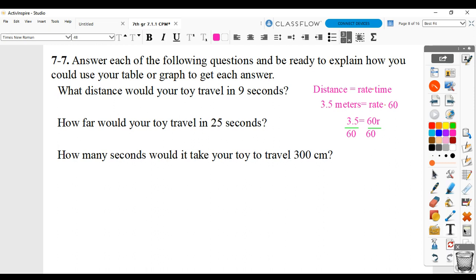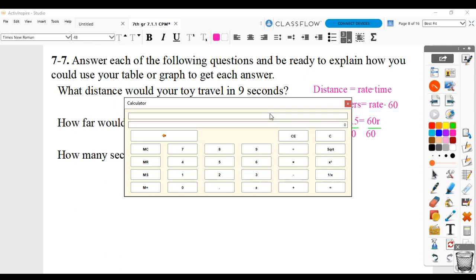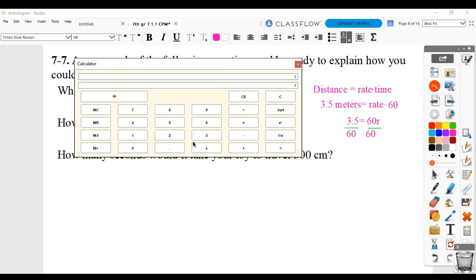And so when we take our 3.5 divided by 60, it might throw you off because we've got a smaller value divided by a larger value, but that can happen. We're getting a rate of 0.0583 repeating. And that would equal our rate.